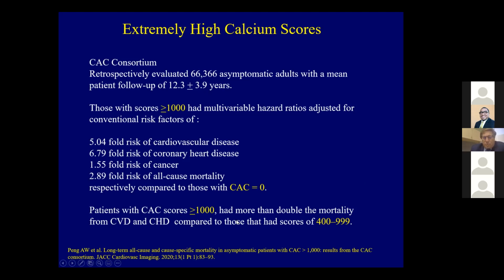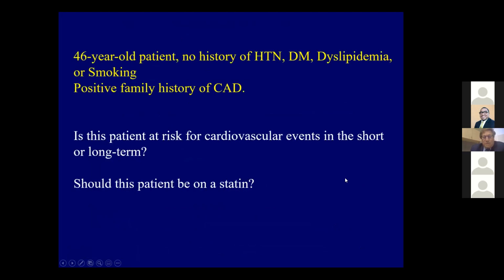Patients with a calcium score greater than 1,000 had more than double the mortality from cardiovascular disease and coronary heart disease compared to those that had a 400 to 999 scan. So let's take a hypothetical patient, a 46-year-old, no history of hypertension, no diabetes, no profound dyslipidemia, no smoking history, a vague positive family history of coronary artery disease.